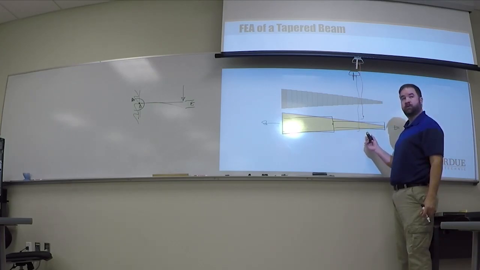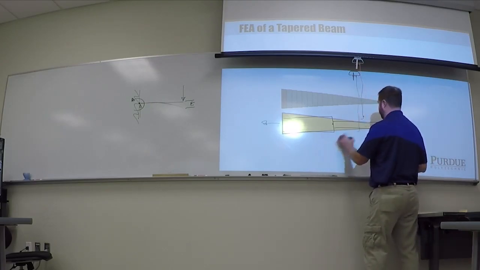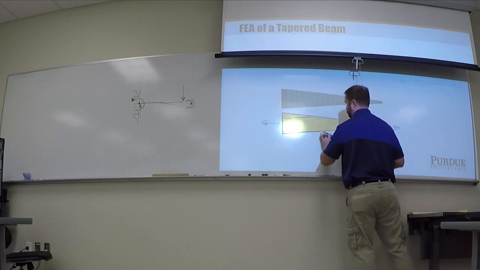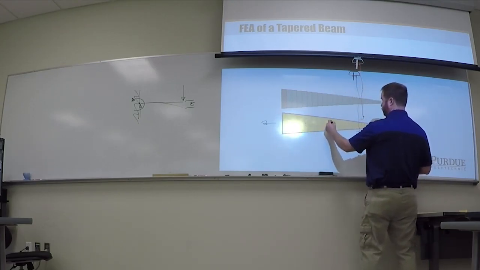Is that going to get me closer to the true answer? It should, right? I can take this a little bit further. I can divide it into 4 pieces. So here's the middle.